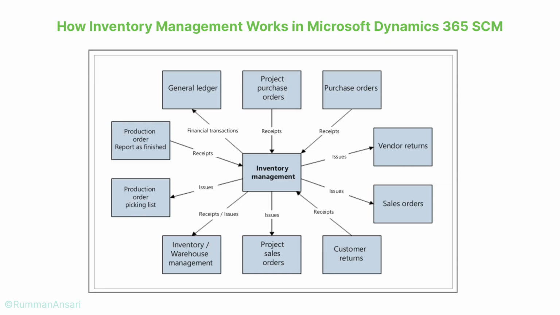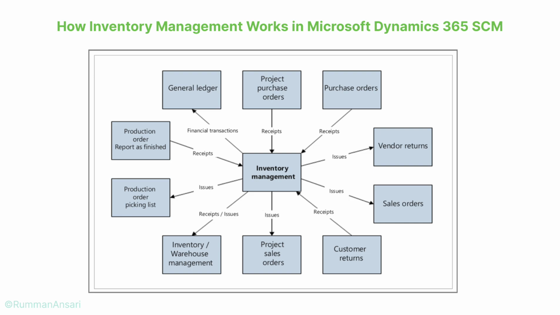Again, now we'll go to the next part, that is the production order and report as finished. So in this case, as you can see, this is nothing but the receipts. So what does that actually mean?